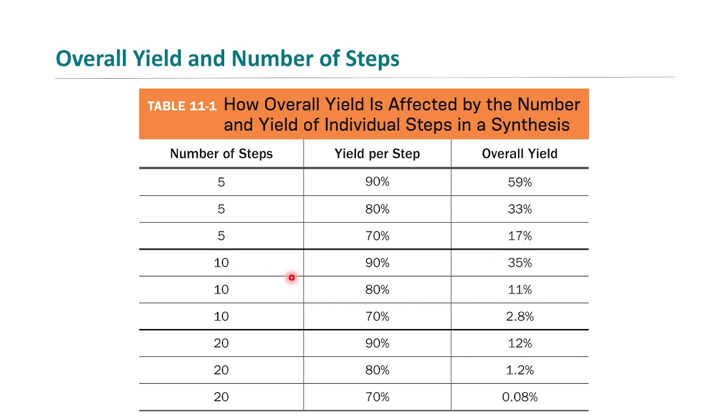If there's a large difference in the number of steps, it usually is a pretty large difference. You can see even at 90% yields, 10 steps we're at 35% yield. We could do 5 steps at 80% yield and have almost the same. So if we got an 83, 84% yield on these 5 steps, we're better than the 10 steps at 90% yield. So it's a careful balancing act.